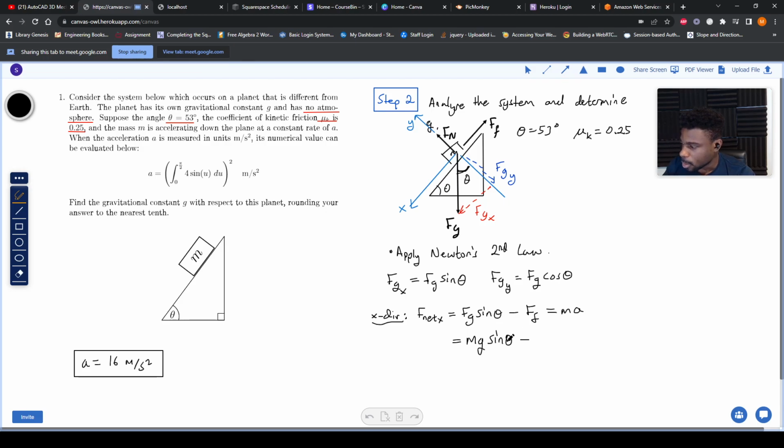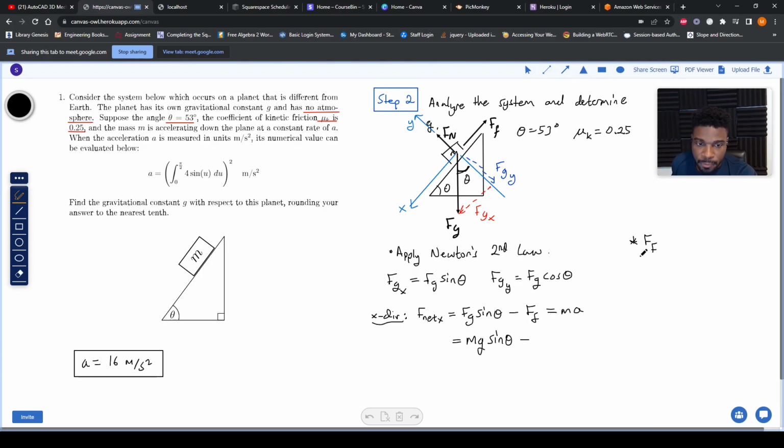And now for our friction force, F sub F, we need to be able to determine this friction force from this diagram. Now, there's actually a formula for friction force that we can use in accordance with this diagram to help us get a better equation.